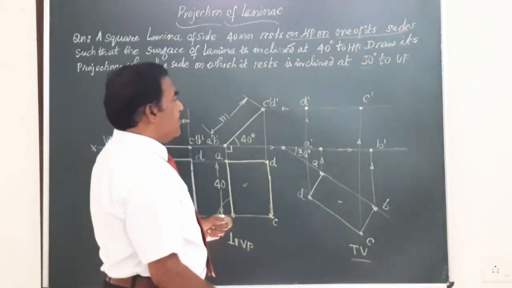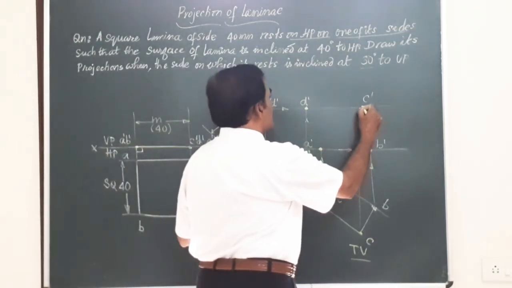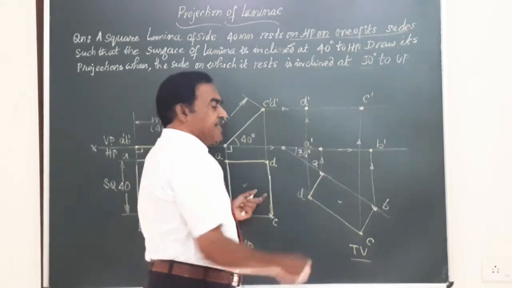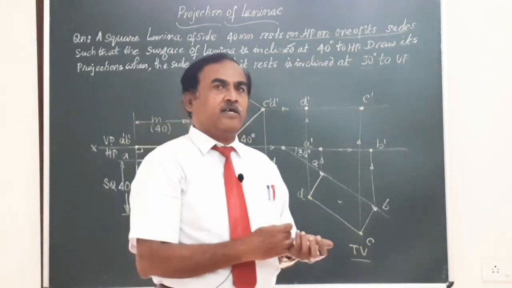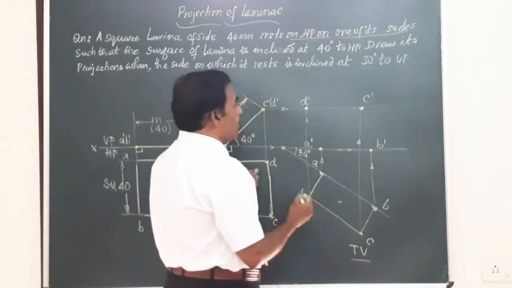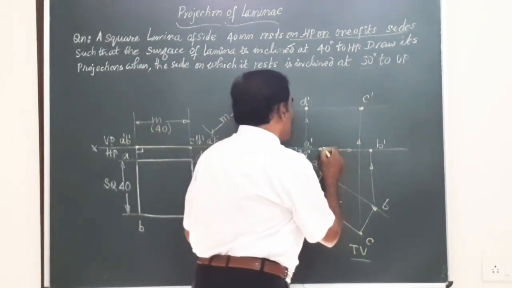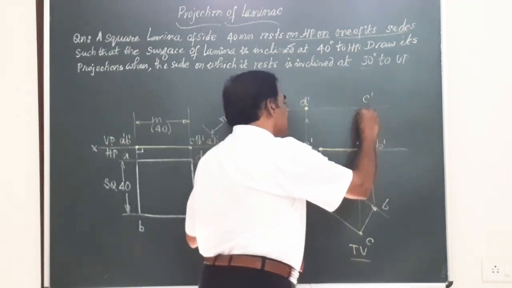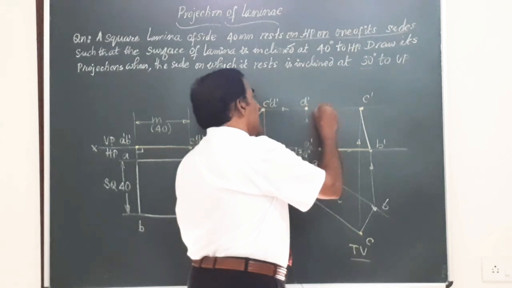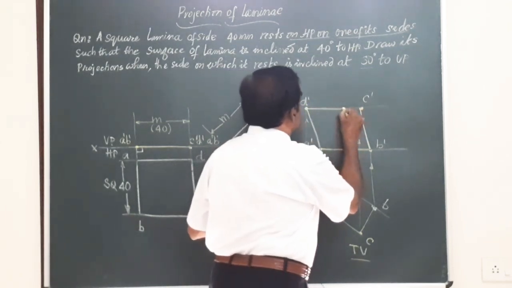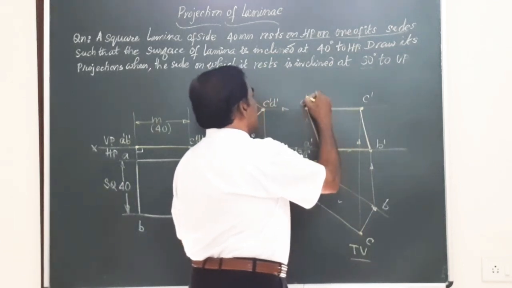Friends, you have got all the four corners of the lamina, namely A dash, B dash, C dash and D dash. And if you join all these by straight lines, you get the final front view of the lamina. So I am going to join A dash with B dash to C dash, C dash and D dash to A dash. Finally, these D and C are joined here.